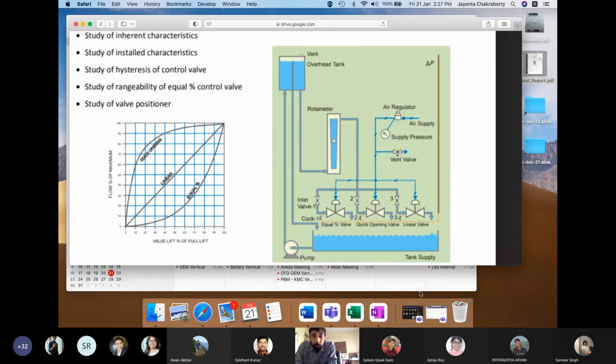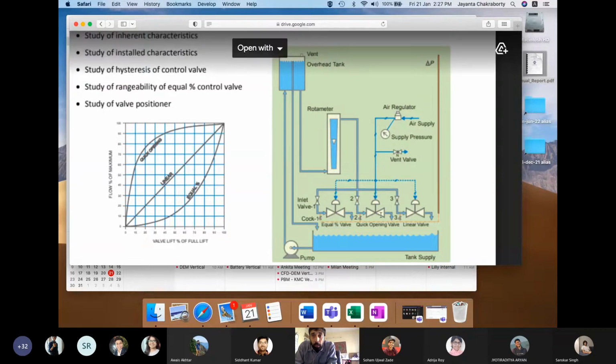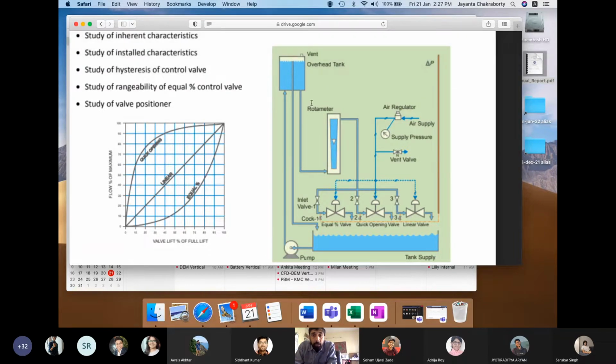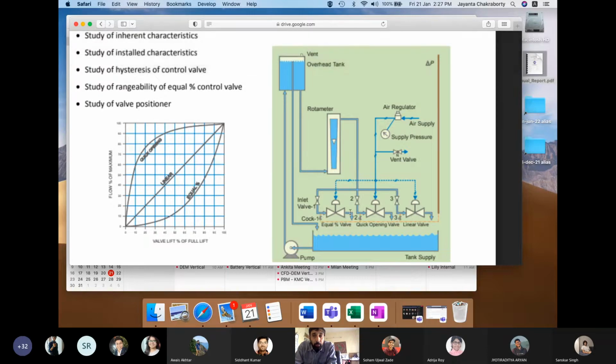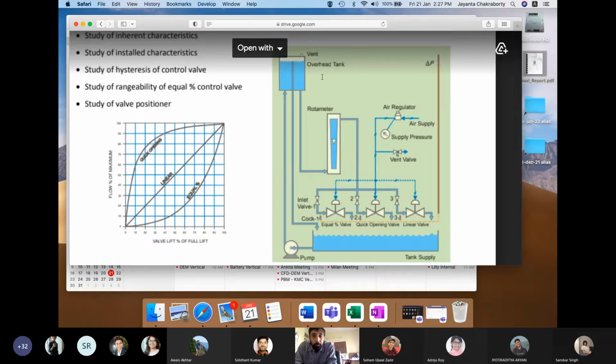So this is the del P across the valve, total del P across the valve. That is not exactly constant. So we have some measurement of pressure drop across the valve also. This is dependent on flow.